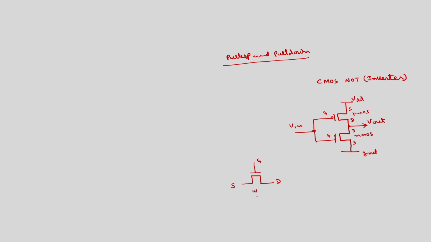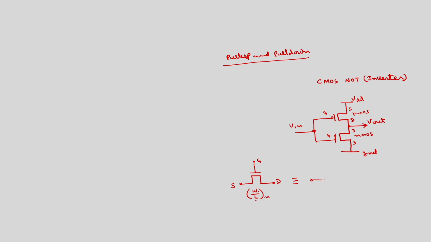The W by L ratio, width by the channel length, of this NMOS is W by L n. This is width of the channel, this is length of the channel.